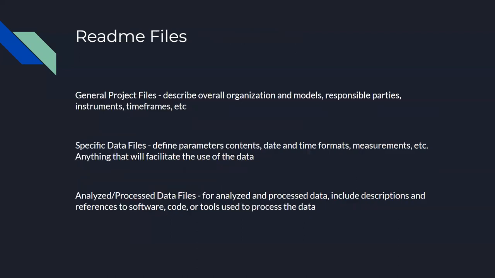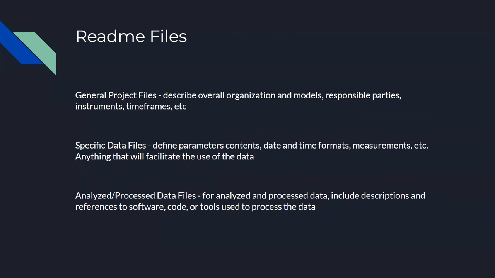To talk about all of these in a bit more depth, README files can fall into a couple different types. First are general project files. These are your high-level README files that describe the overall organization and approach to your research: who is responsible for what, what instruments are used, what timeframes are used, what type of data was collected and why, and whether the research was funded. Basically, anything you need to know at a high level that gives context to the research and its data, you'd put in that general project file.